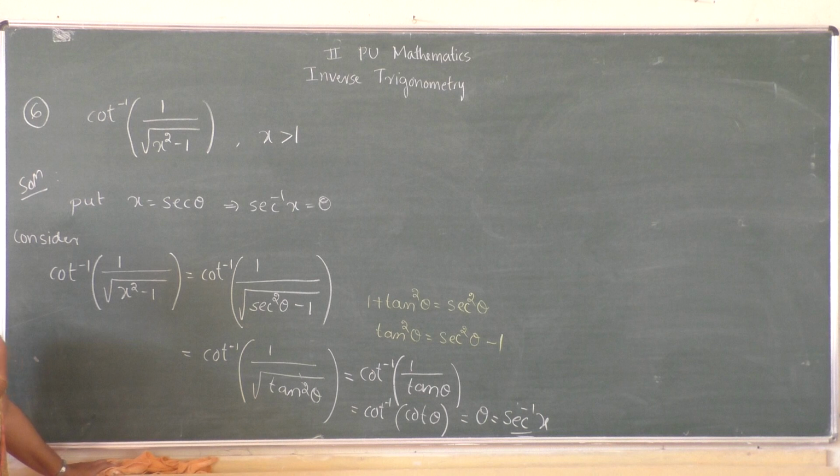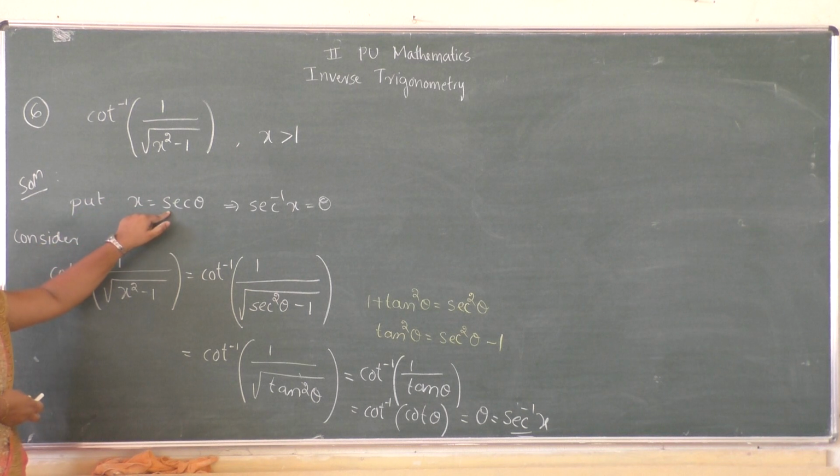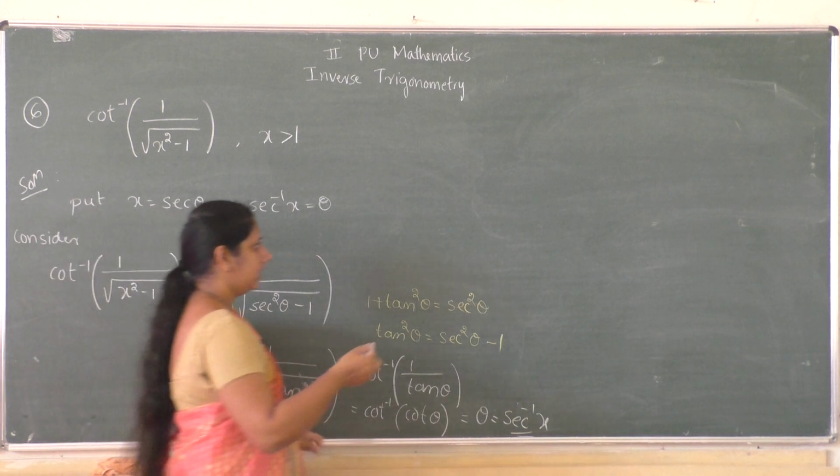So the simplified form of cot inverse of 1 by root of x square minus 1 is sec inverse x. See, already I told, if we have the term root of x square minus 1, either we can substitute sec theta or we can substitute cosec theta also, right?